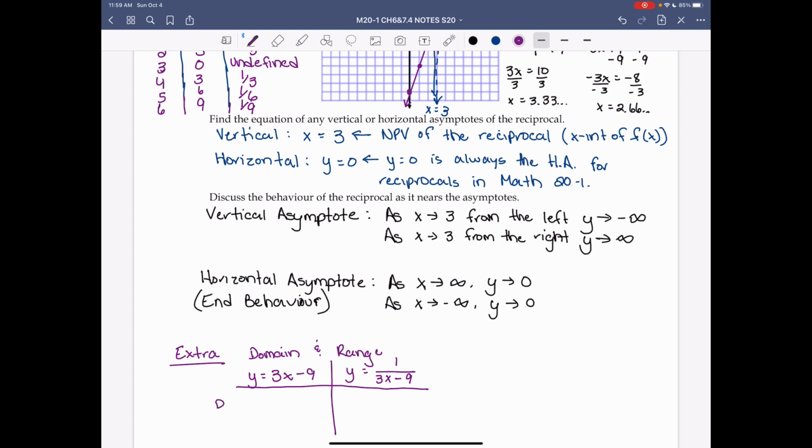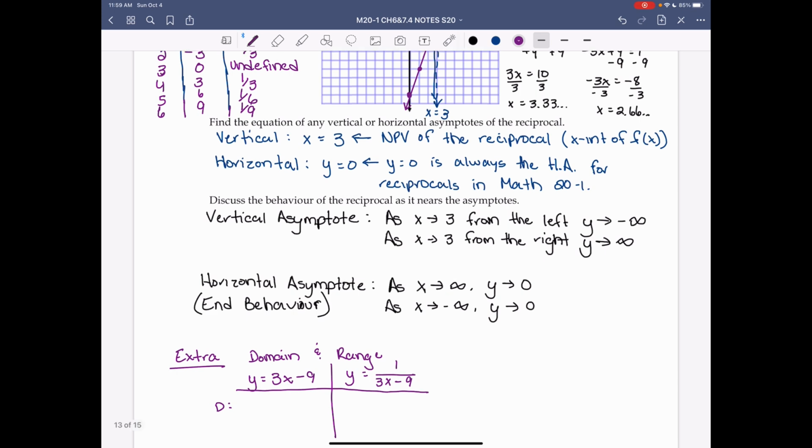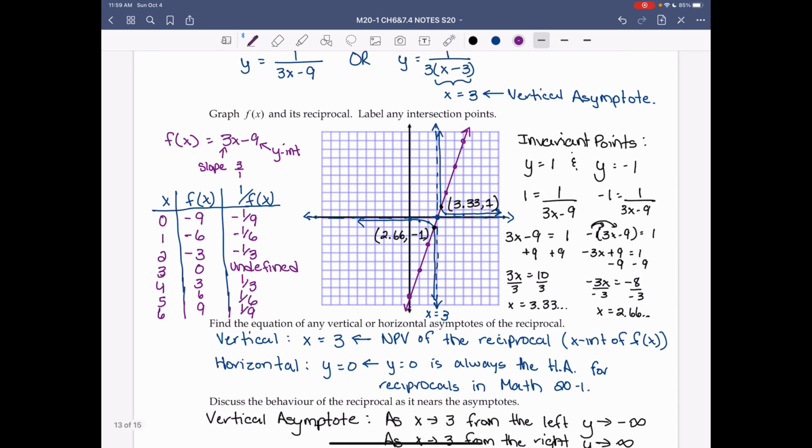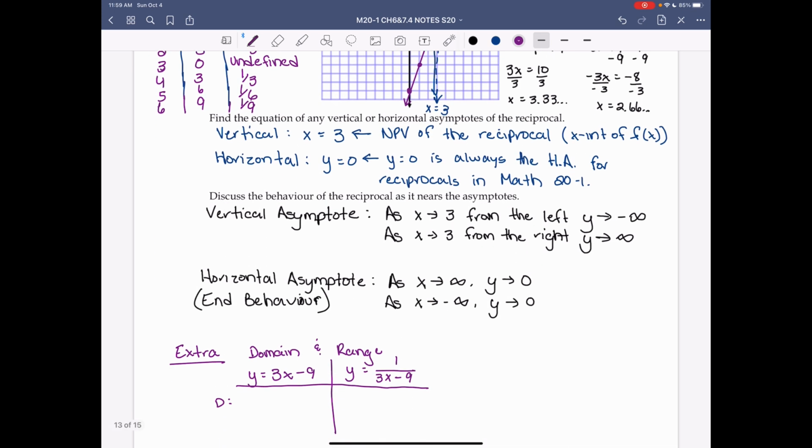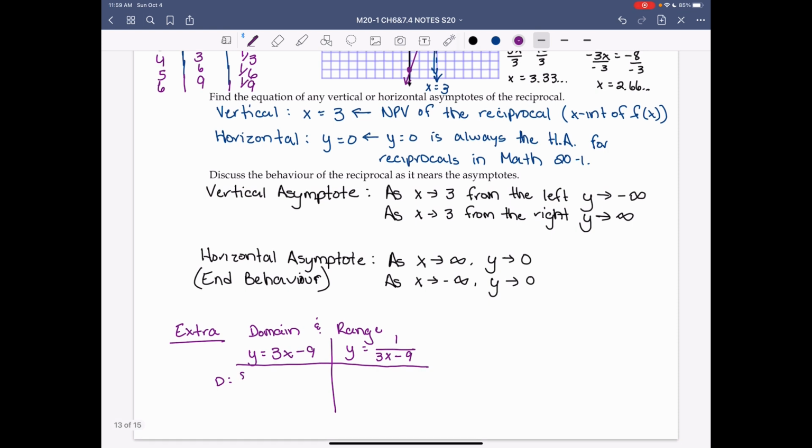Domain for our original function, it's a linear, there's no asymptotes, so it's x such that x is a real number. Same with the range, it continues forever up and forever down, so y such that y is a real number.